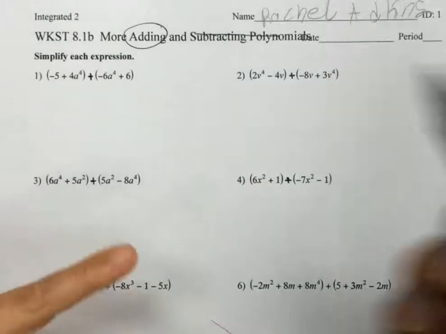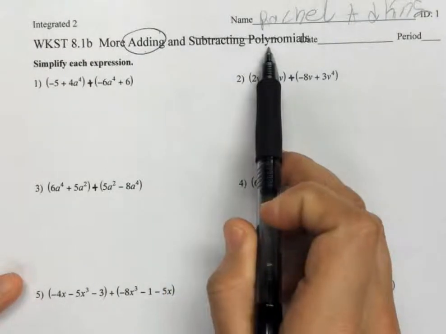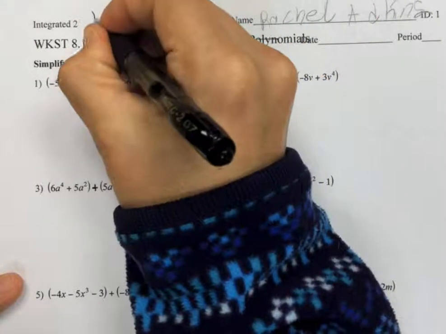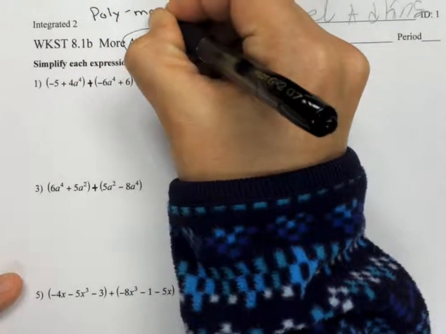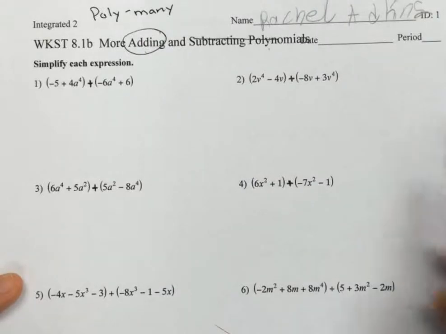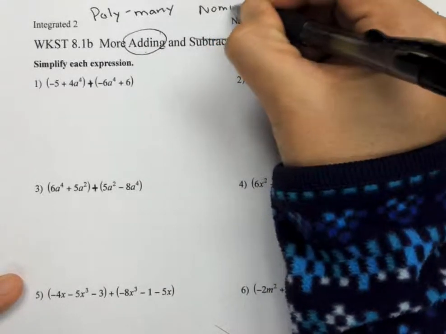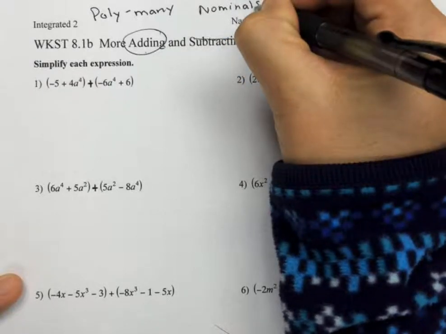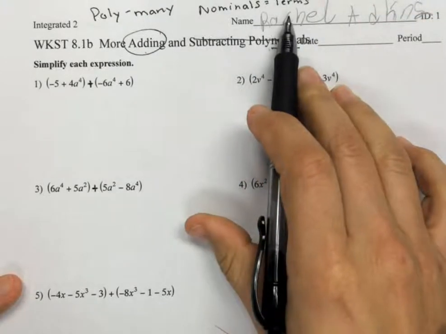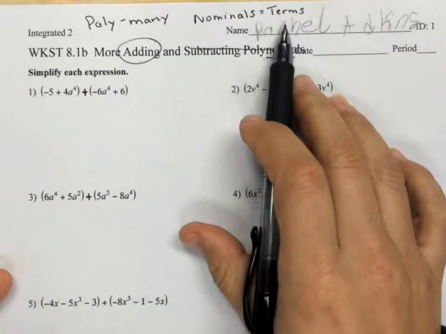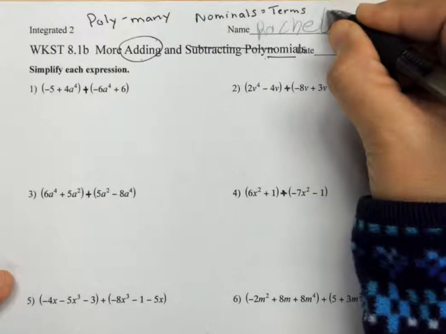All right, we're going to review how to add polynomials. If we remember, poly, like our polygon, meant many, and nomials here means terms. And in algebra, a term includes a variable.